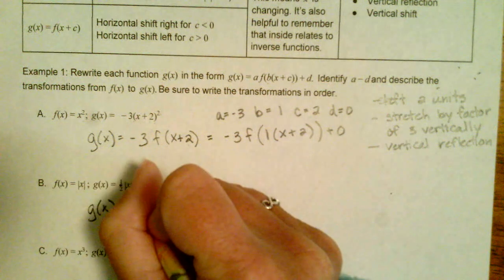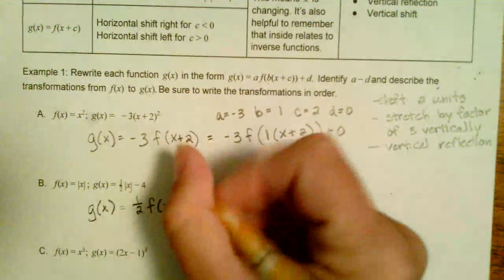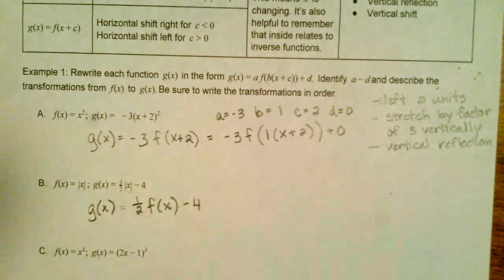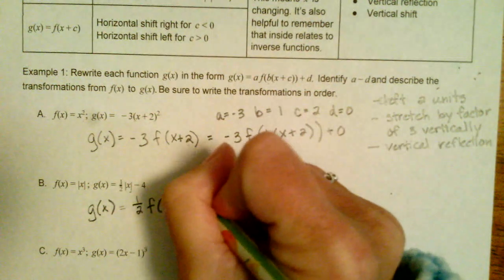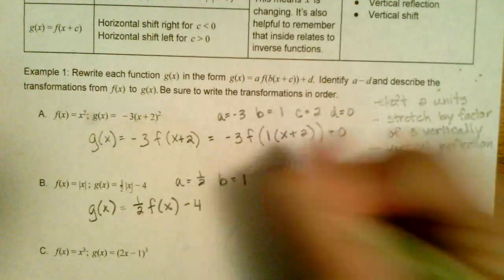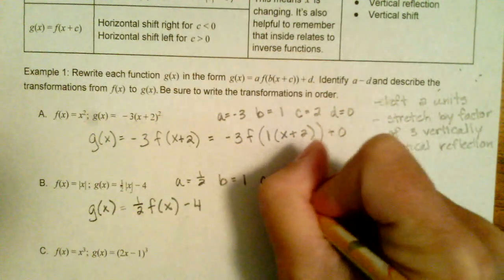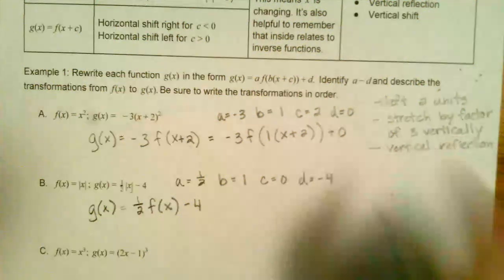And I can see that this is 1/2 that original parent function minus 4. So now I can see that a is 1/2, b is 1, c is 0, and d is -4.